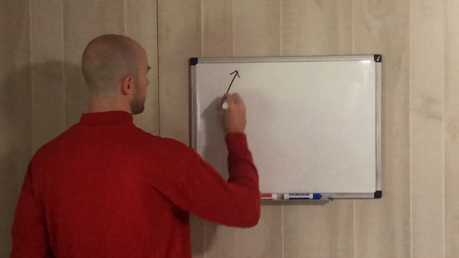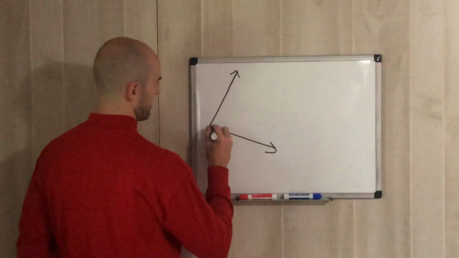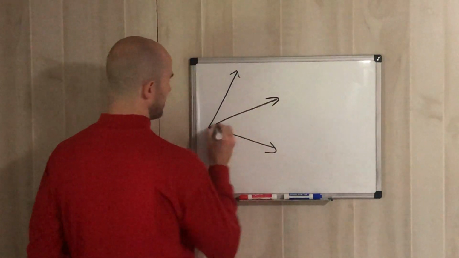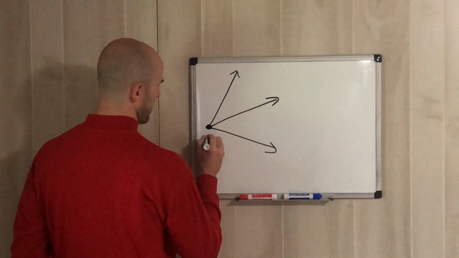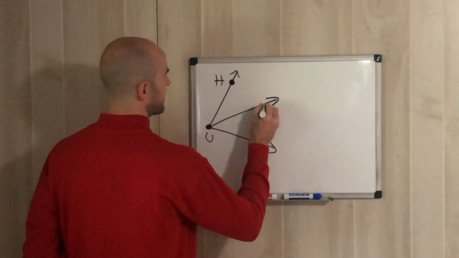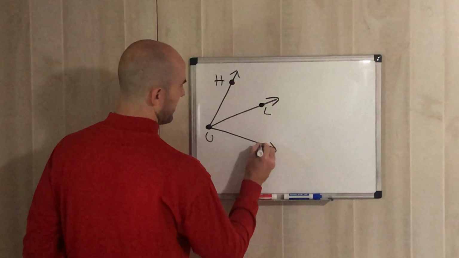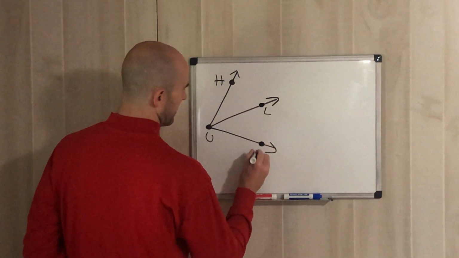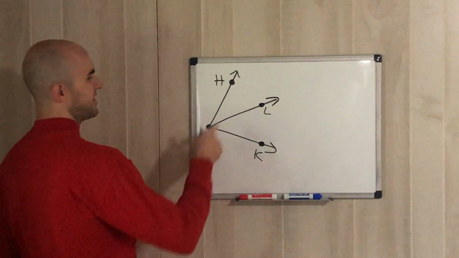Let's say I have this, right? We have three angles again, right? Let's call that U. Let's call that H. Let's call that L. Let's call that K, right? So I'm going to tell you the whole thing.